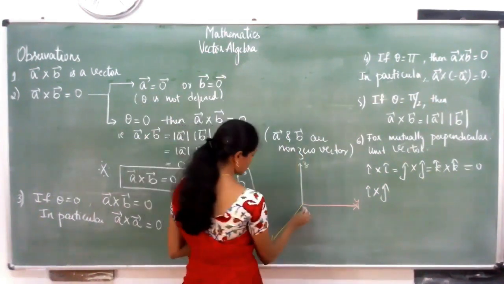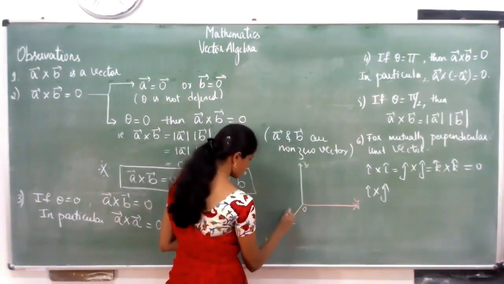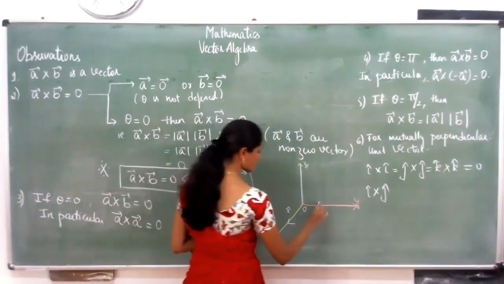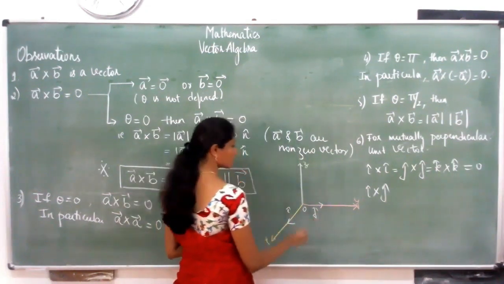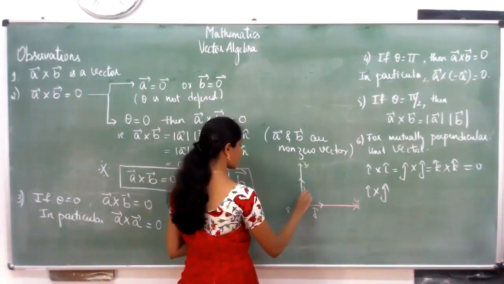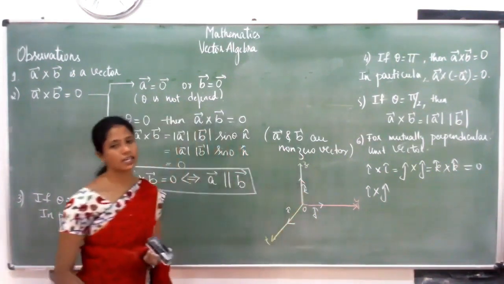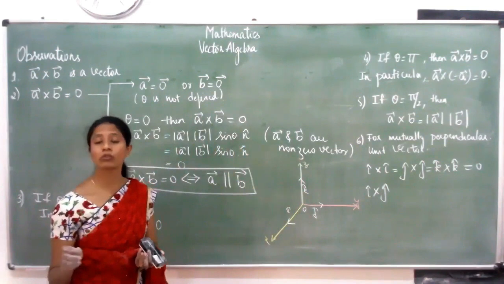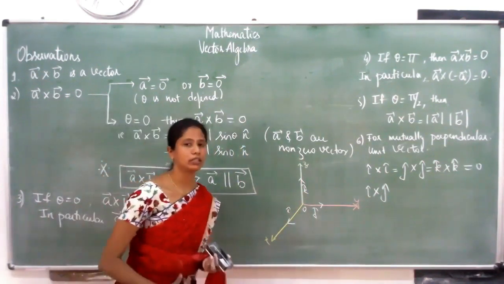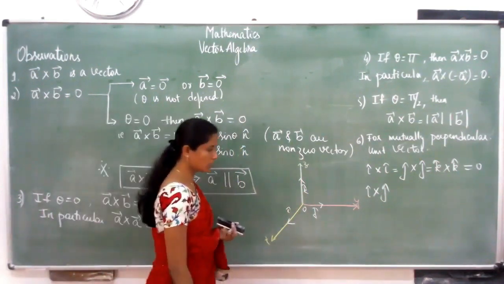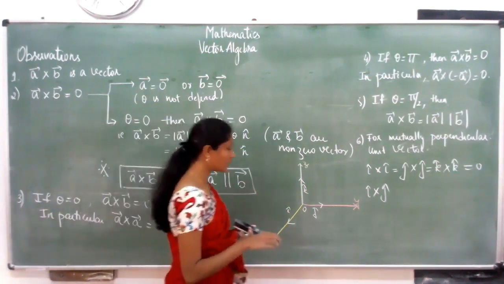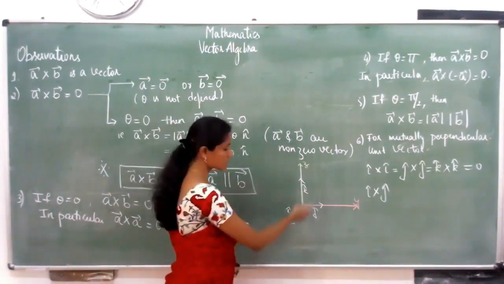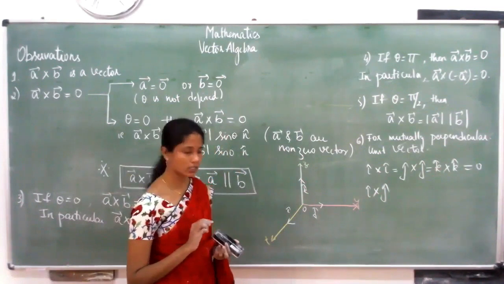This is the origin. I cap is the unit vector along the x-axis, J cap is the unit vector along the y-axis, and K cap is the unit vector along the z-axis. We are finding the cross product between the two vectors. So here, these three are mutually perpendicular vectors.